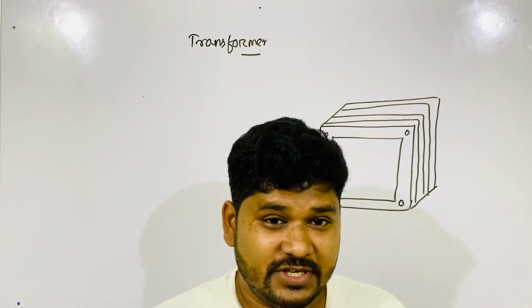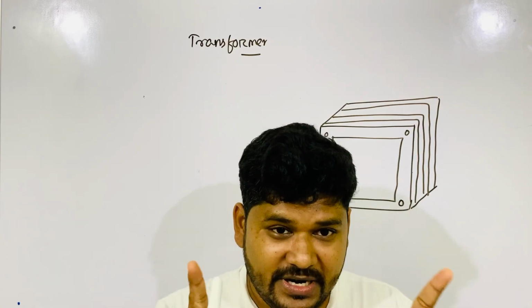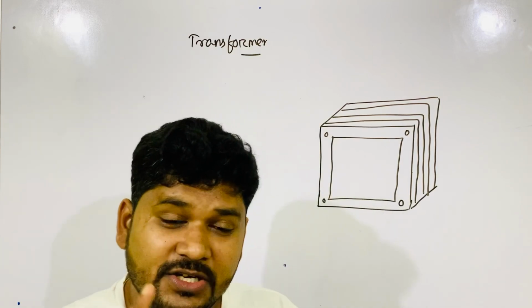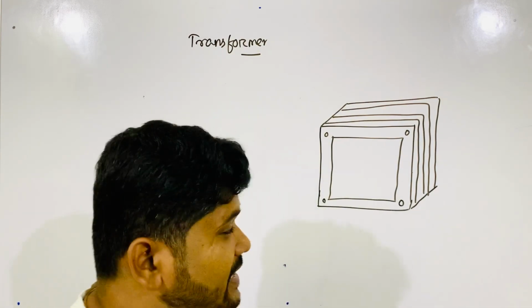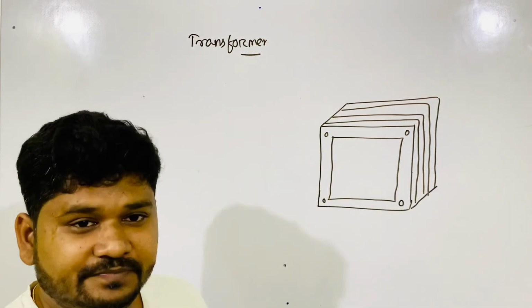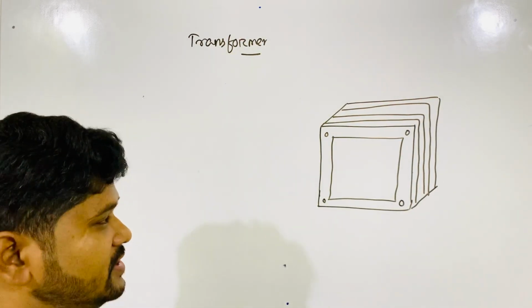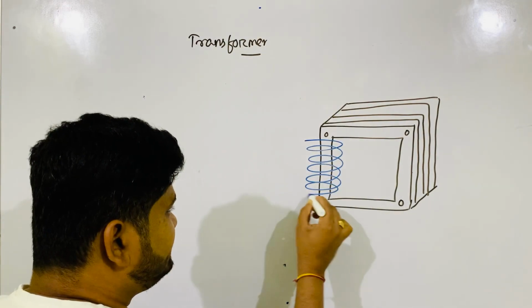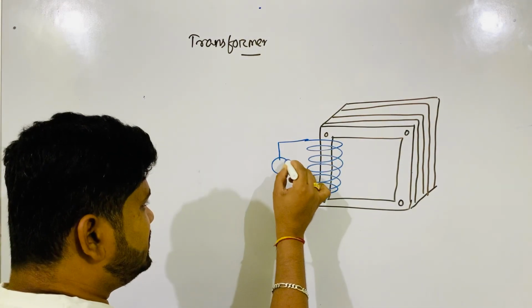So now you understood the construction. It's made of a soft iron laminated core, and these are the two arms of the core. On those two arms the coils are wound.